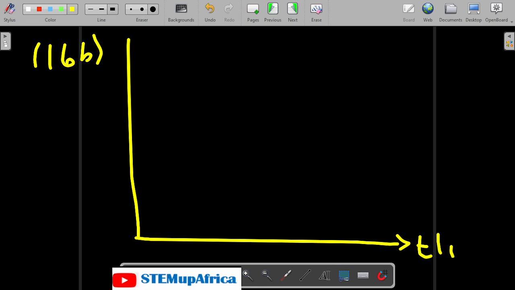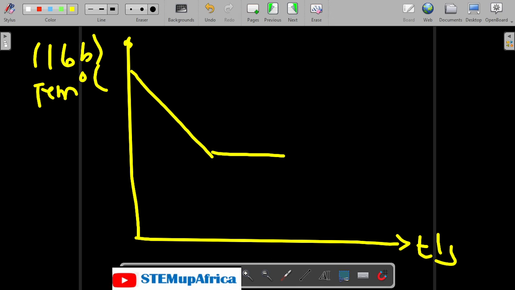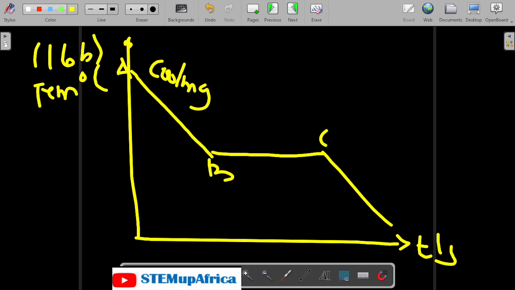This is time in seconds, and this is temperature in degrees Celsius. So it's cooling, meaning it's coming from the higher temperature to a point like this, then down. Here is the cooling phase. Let me label: here is A, B, C, and D. So AB is the cooling liquid.